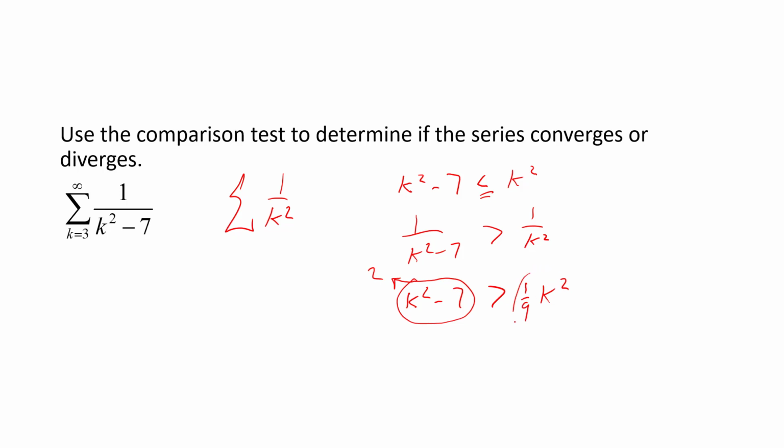And then that makes this 1 when k is 3, right? So when k is 3 on the left, we will get 2. On the right, we will get 1. And so this factor of 1/9 fixed our problem and made this the correct inequality when k is 3.